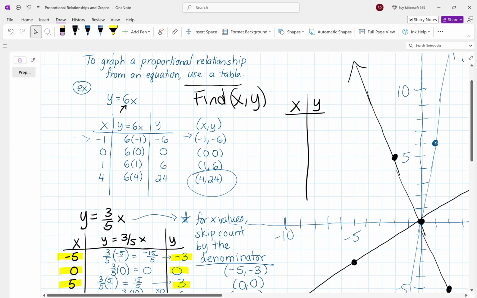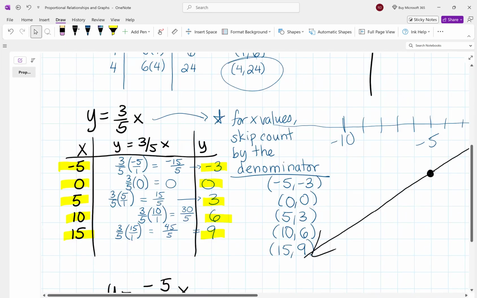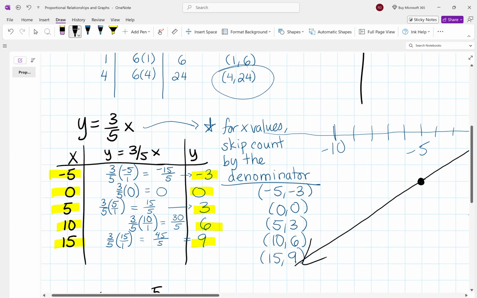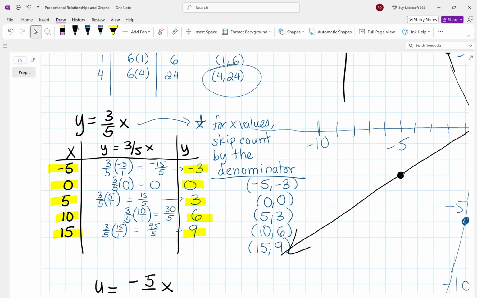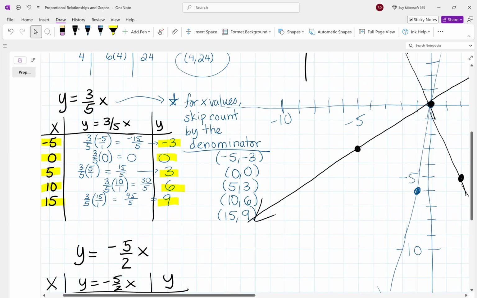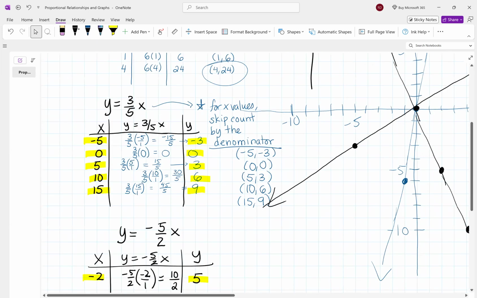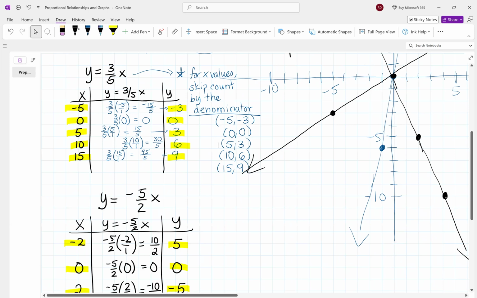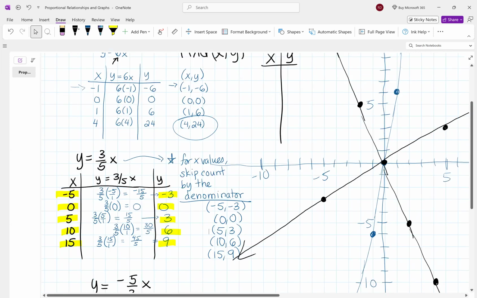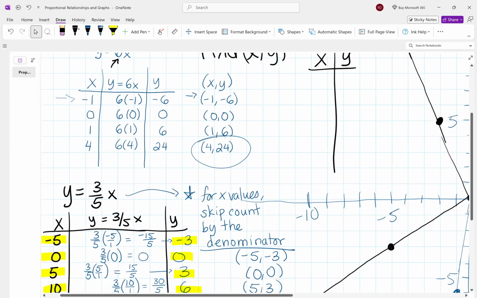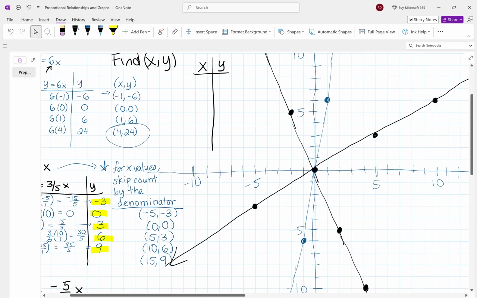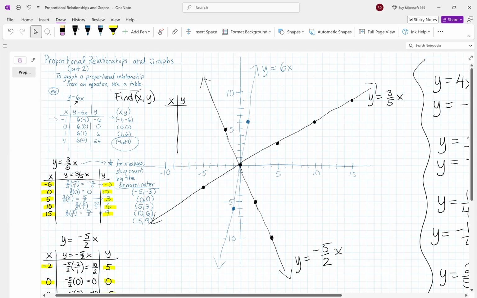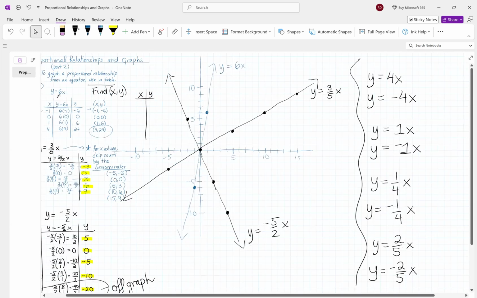If your coefficient before the x is a fraction, then you are going to skip count by the denominator. You want at least 4 or 5 numbers. And then you will fill it in based on whatever x values you picked to find the y values. That gives you ordered pairs. Then you're going to graph those ordered pairs, and you should end up with a line.